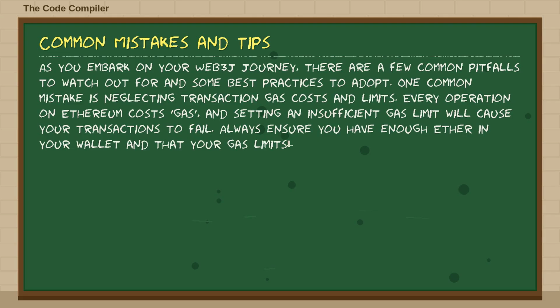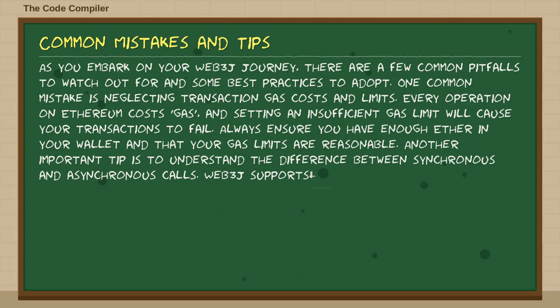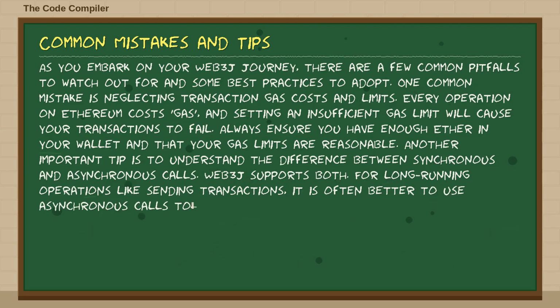Another important tip is to understand the difference between synchronous and asynchronous calls. Web3j supports both. For long-running operations like sending transactions, it is often better to use asynchronous calls to keep your application responsive.